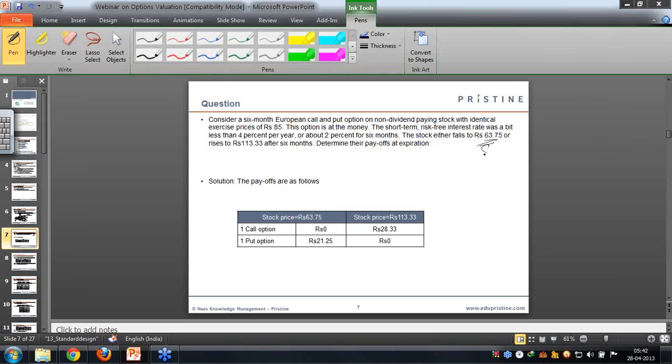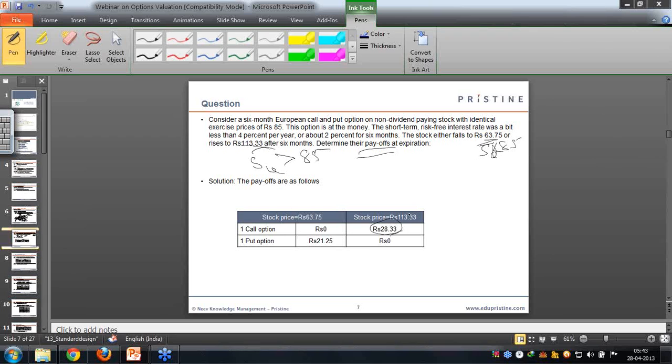This will be the SD, which is less than 85, and this will be SU, which is greater than 85, which is today's price. So we are asked to find the payoffs at expiration. In case of call option, we have a gain.